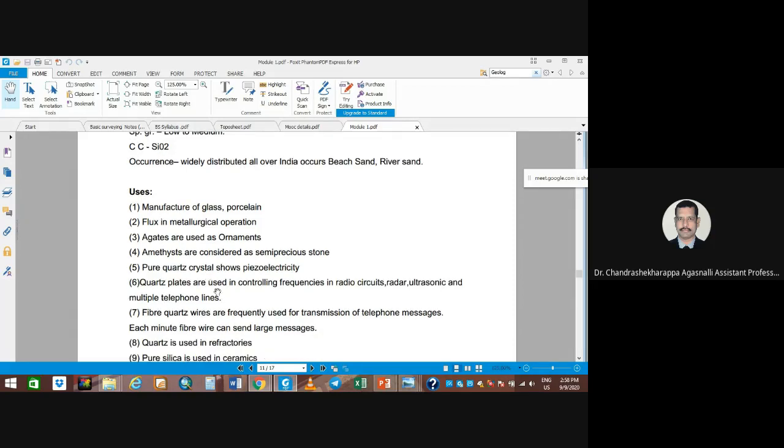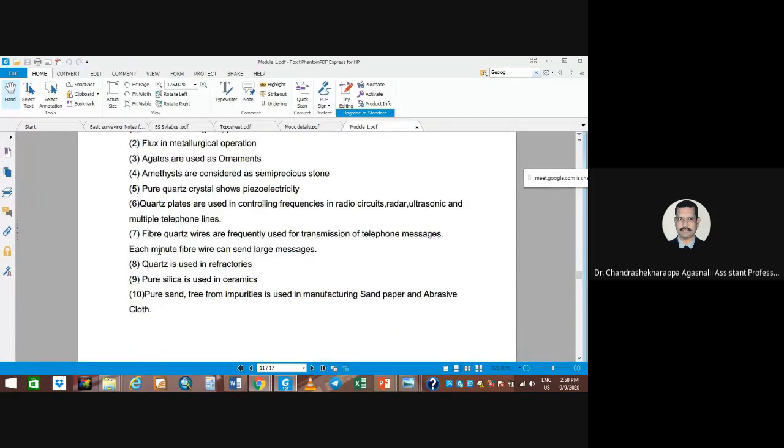Keep this in mind: quartz plates are generally used for controlling radio frequencies, radar, ultrasonic, and multiple telephone lines. And also fiber quartz wires are frequently used for transmission of telephone messages.